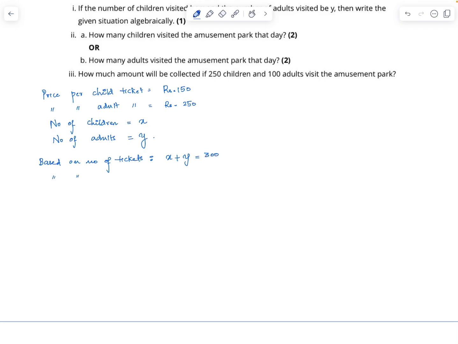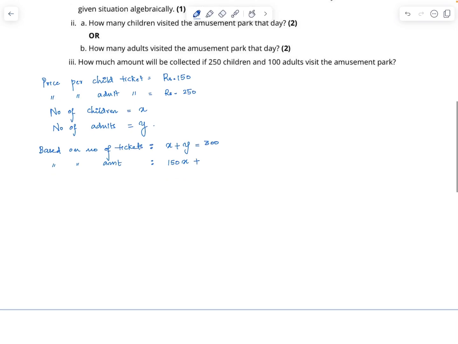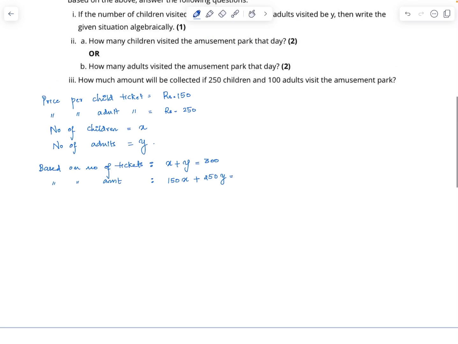Then the second case is based on the amount collected. 150 per child ticket, so 150x gives the total amount for the child tickets, plus 250 is the price per adult ticket, so 250y gives the total amount collected for the adults. So the sum of these two gives us 55,000. These are the two equations.